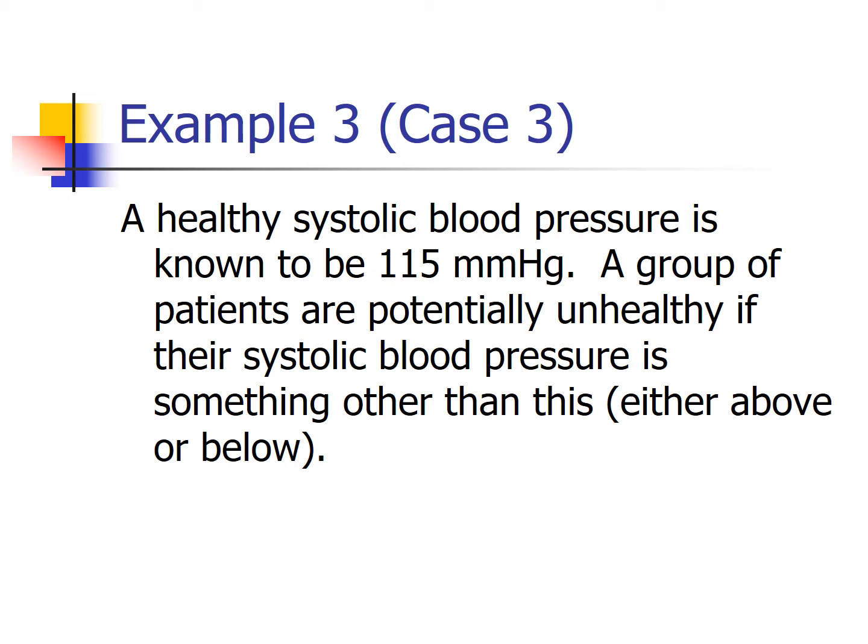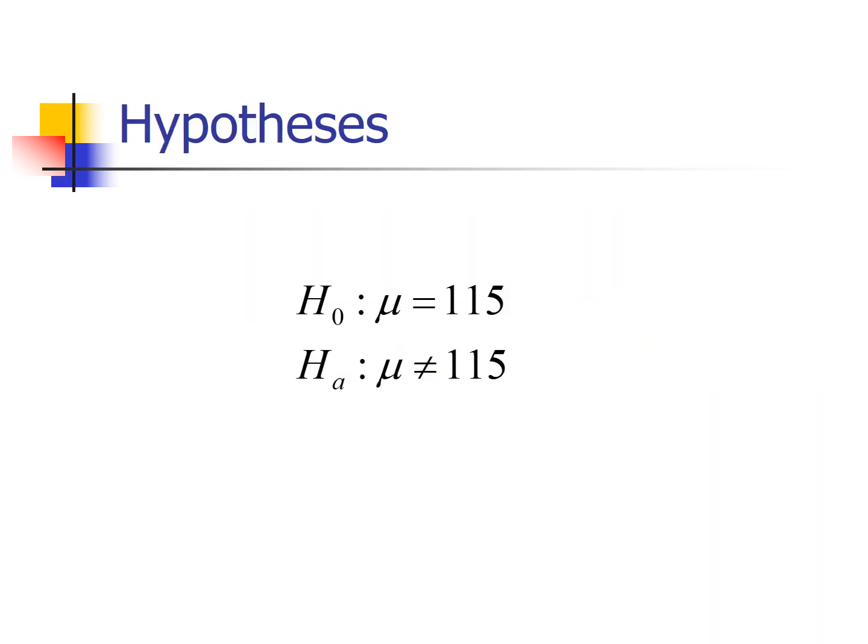And so, if we want to test whether it's something other than that, well, let's go to the next slide and see symbolically what the actual hypotheses would be once we set them up. So here we are. We want to test whether it's more or less, whether it's something other than 115.